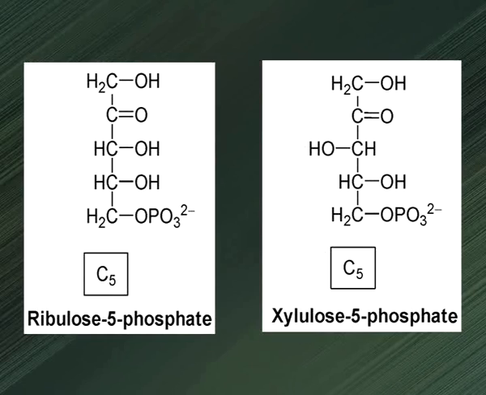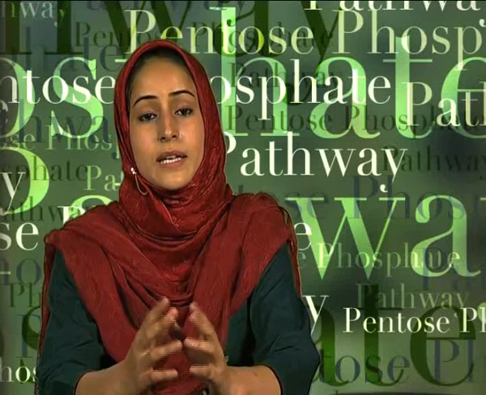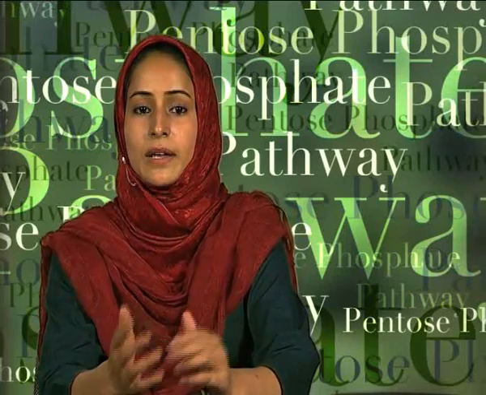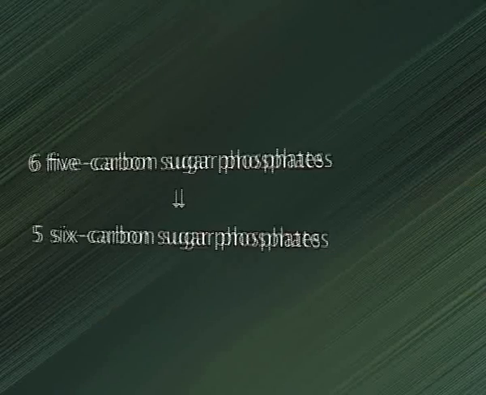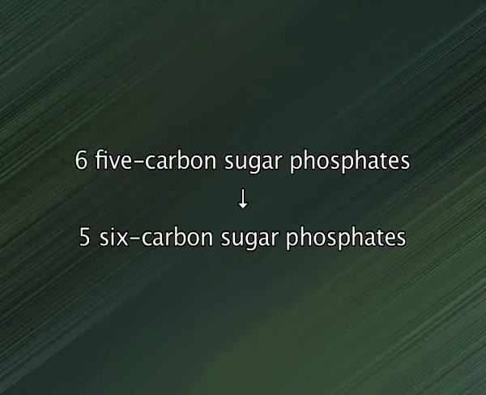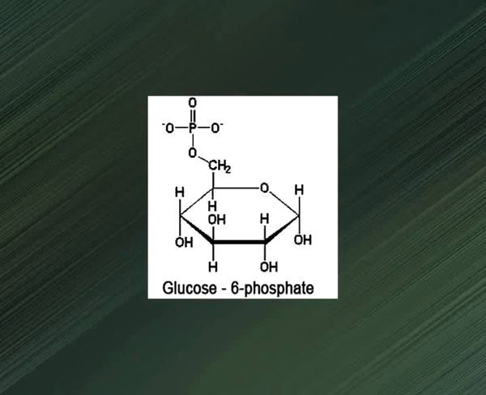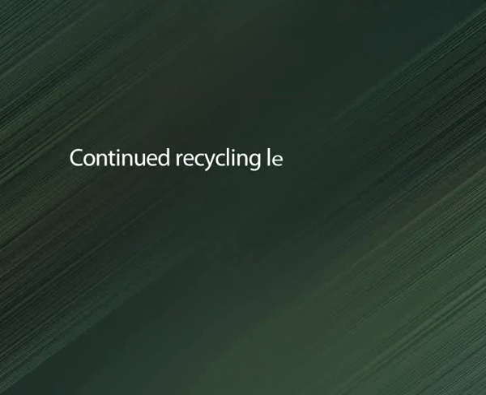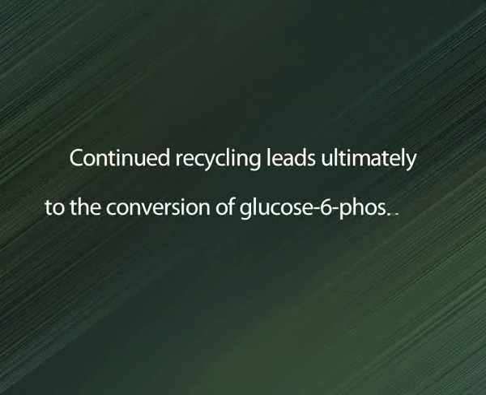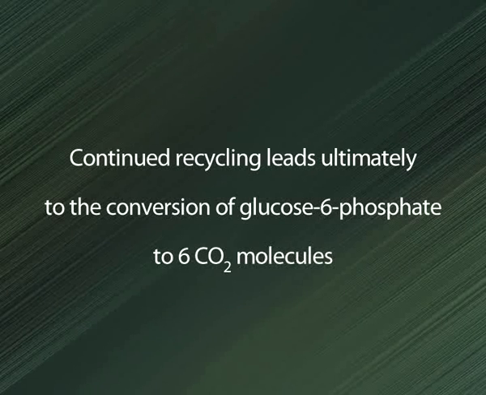Then, in a series of rearrangements of the carbon skeleton, six 5-carbon sugar phosphates are converted to five 6-carbon sugar phosphates, completing the cycle and allowing the continued oxidation of glucose 6-phosphate with the production of NADPH. Continued recycling leads ultimately to the conversion of glucose 6-phosphate to 6 molecules of carbon dioxide.